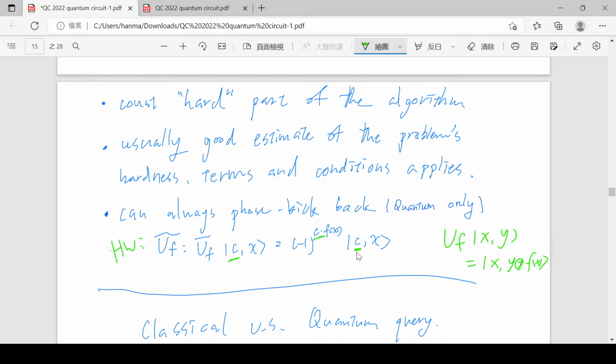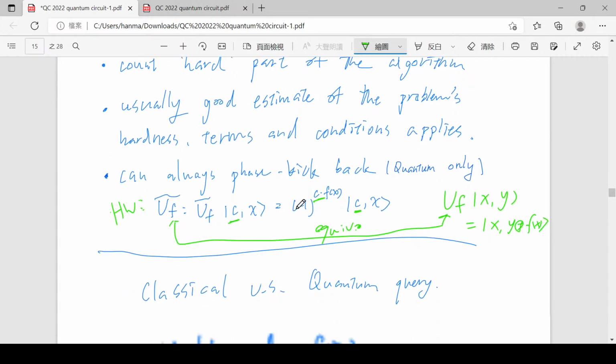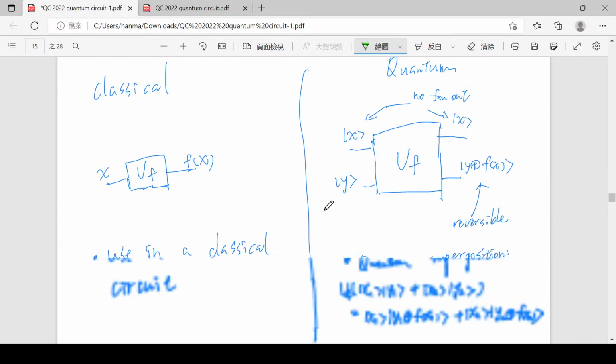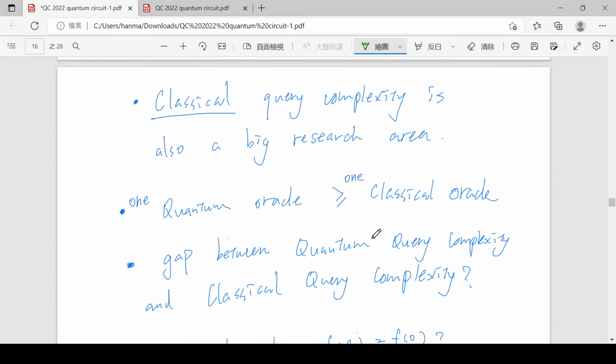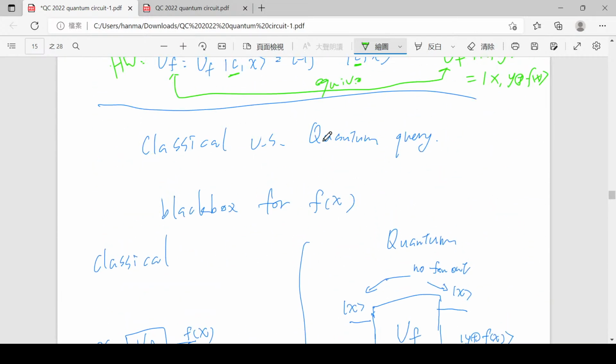When C equals 1, then you actually do this phase kickback. And it's one homework problem to show that those two things are equivalent, one to one. When we say equivalent, it means one U tilde f can simulate one U_f, and one U_f can simulate one U tilde f. So you can think about how that's possible. And that finishes our complexity talk.